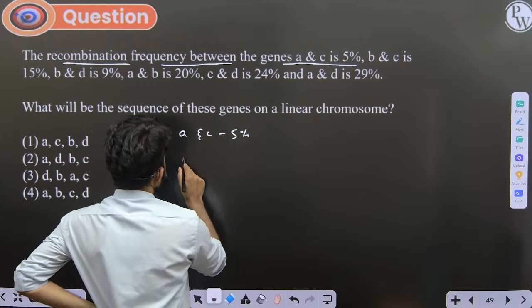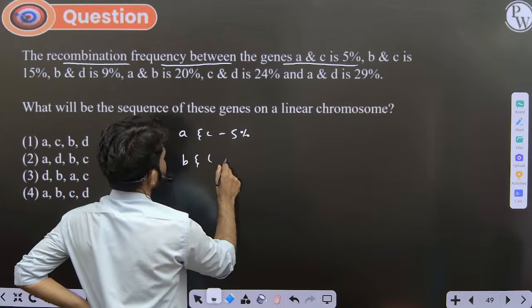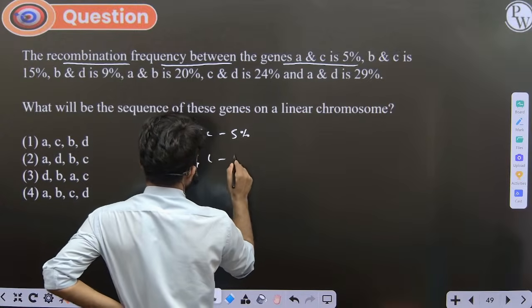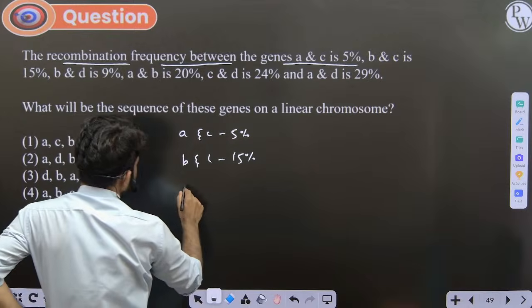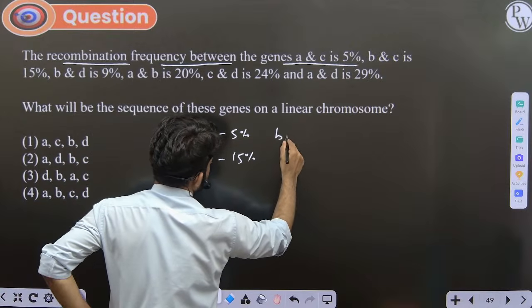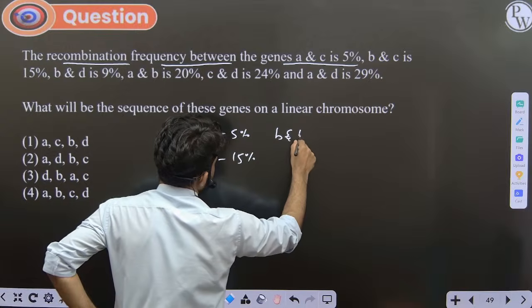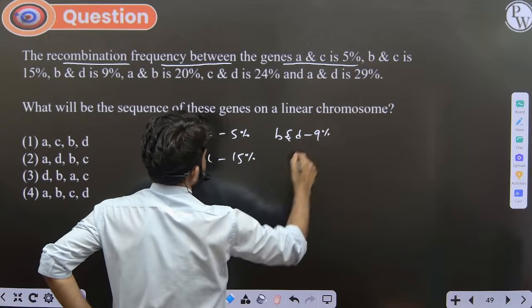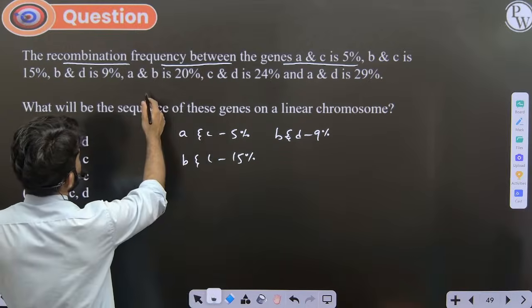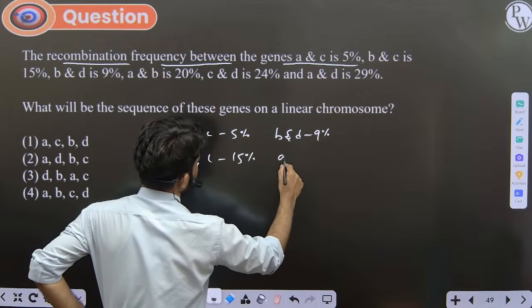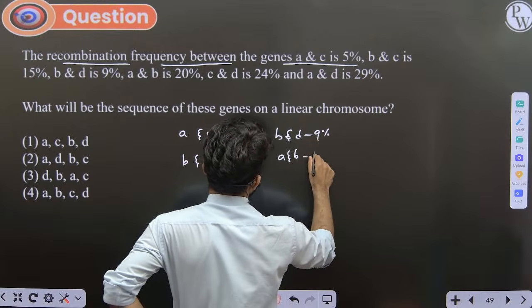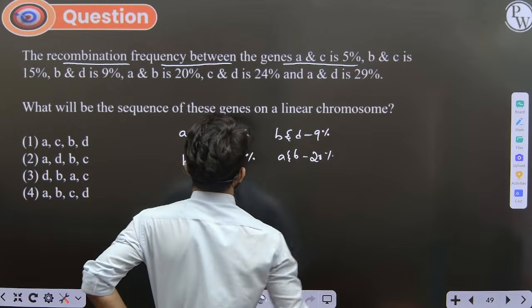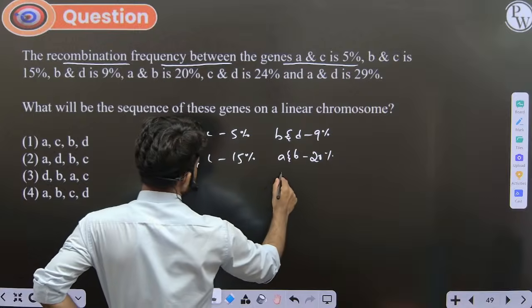Again, B and C it is 15%. B and D it is 9%. In case of A and B, it is 20%.